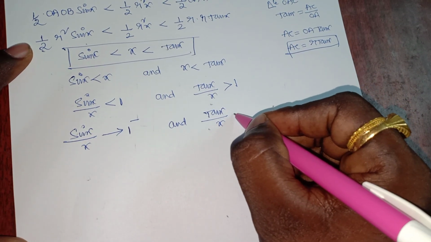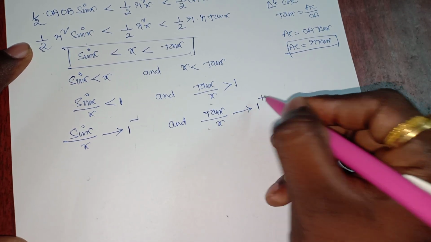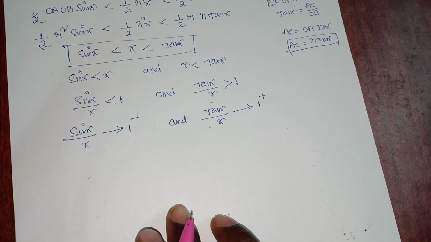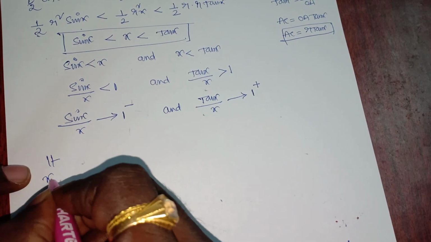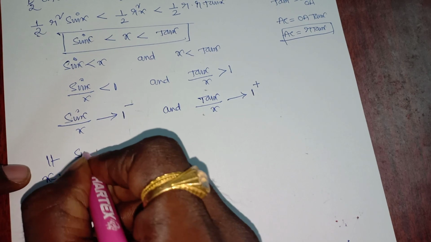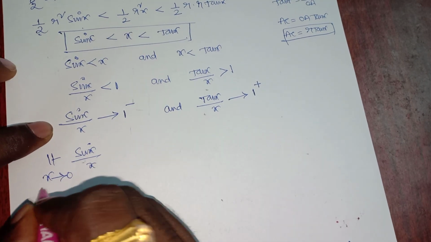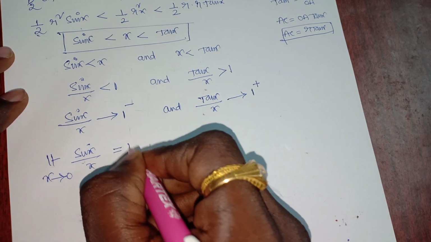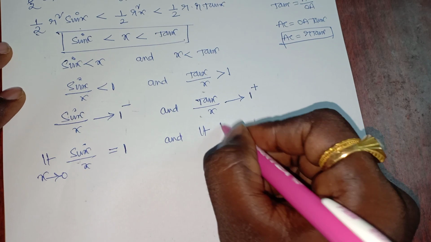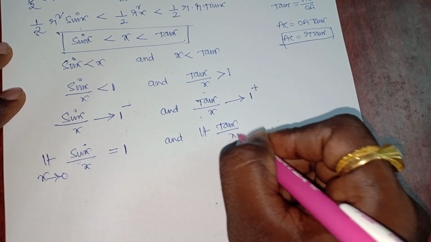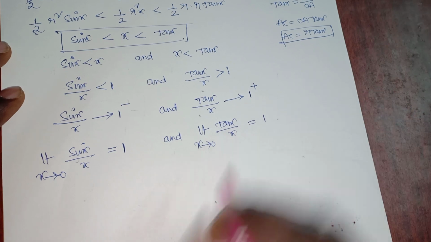That's why tan x by x approaches 1 from the right side, that is 1 plus. Now taking limit on both sides, limit x tends to 0 of sin x by x is what? Finally, what is the limiting position of sin x by x as x approaches 0? It is equal to 1. And here also the limiting position of tan x by x as x approaches 0 is what? 1.